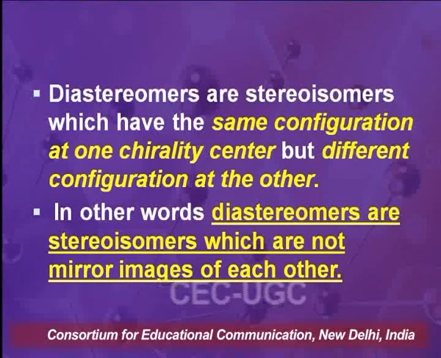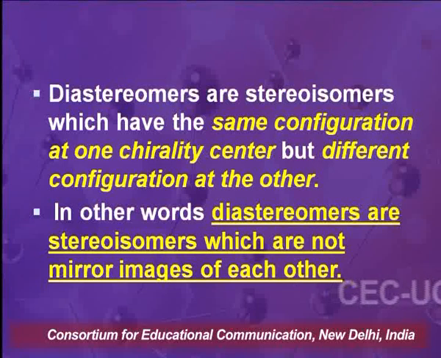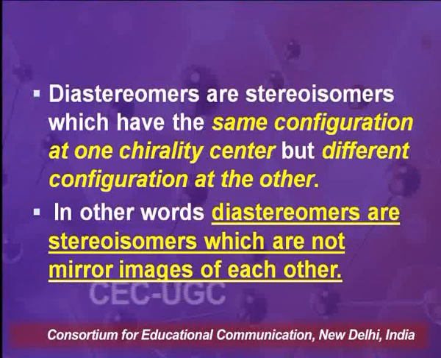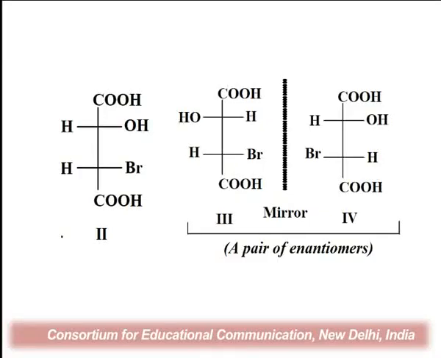In other words, we can say diastereomers are stereoisomers which are not mirror images of each other. So this is what I have shown here again. Let us quickly go through it: these two are enantiomers since they are non-superimposable mirror images of each other, whereas when we compare stereoisomer 2 to 3 or 2 to 4, we find that they differ at at least one chiral carbon.